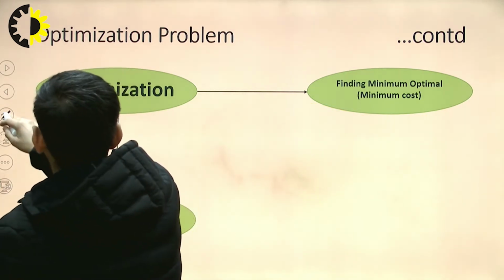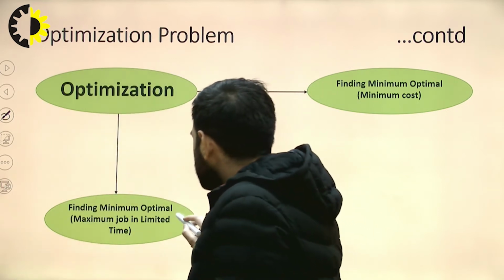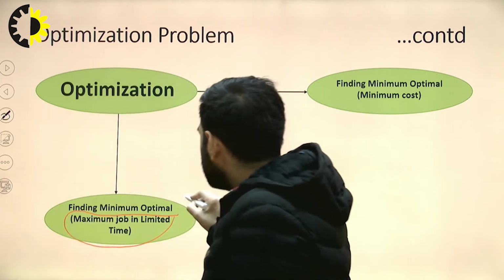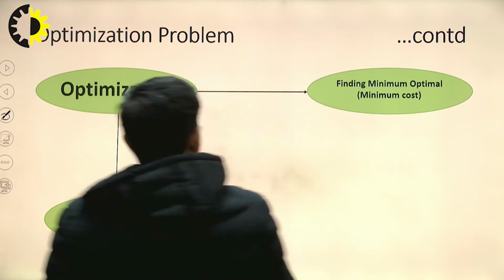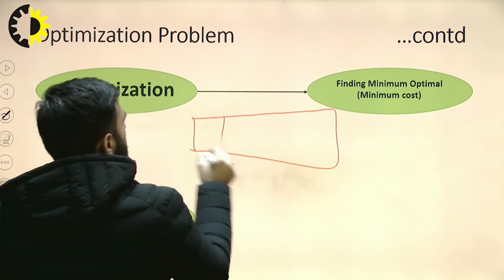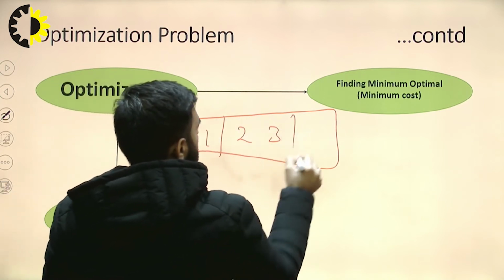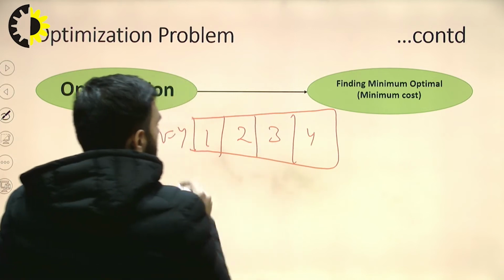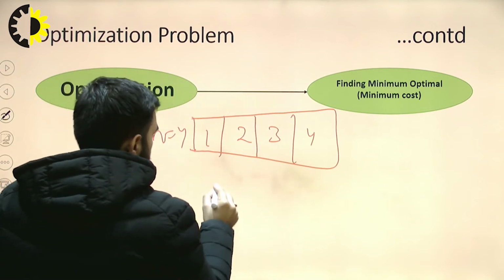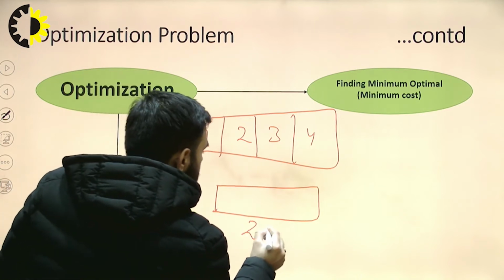Now see the second example, the maximum job in limited time. Suppose we are given n jobs, here n is 4: 1, 2, 3 and 4, and we have a limited time. Suppose the time frame is only 2 seconds.